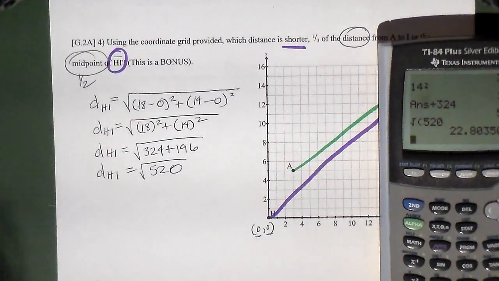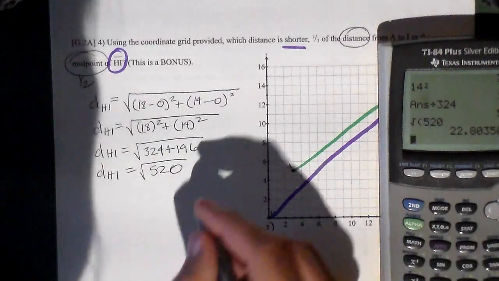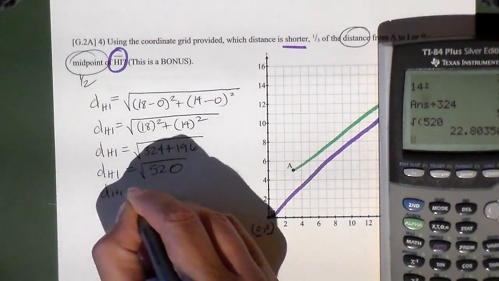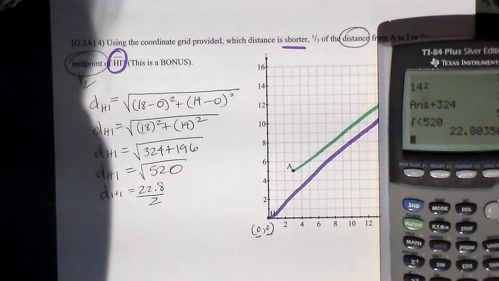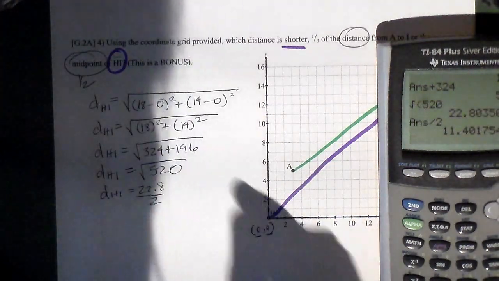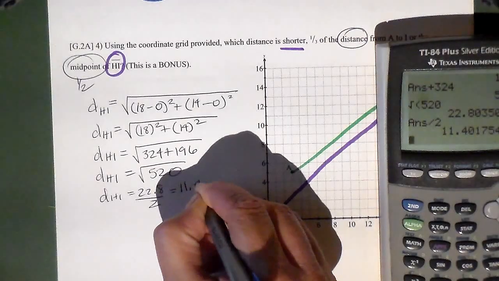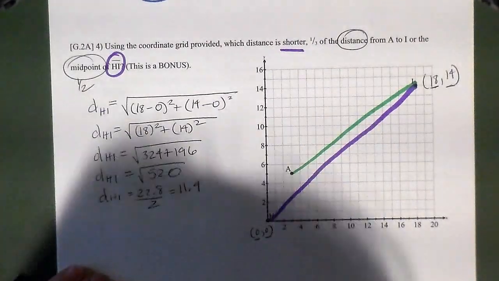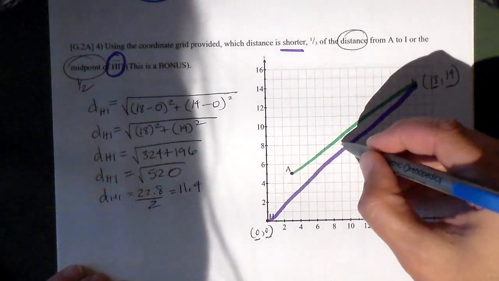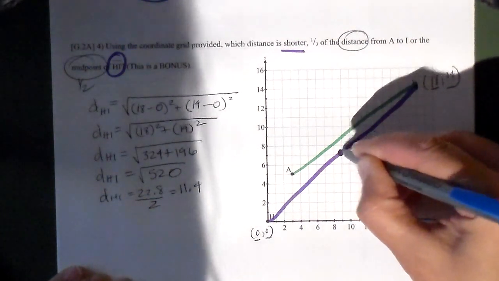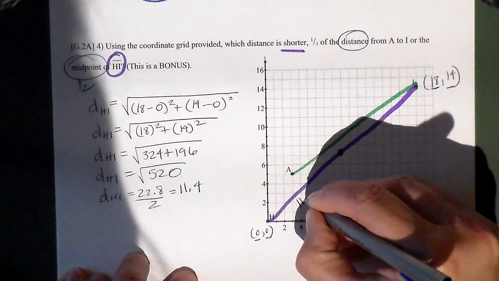Half the distance, right? So I'm going to take the 22.8 and divide that by 2. So that equals 11.4. Okay, so what does that tell me? That tells me that the midpoint, which happens to be at 9.7 right here, this distance right here is 11.4 units.